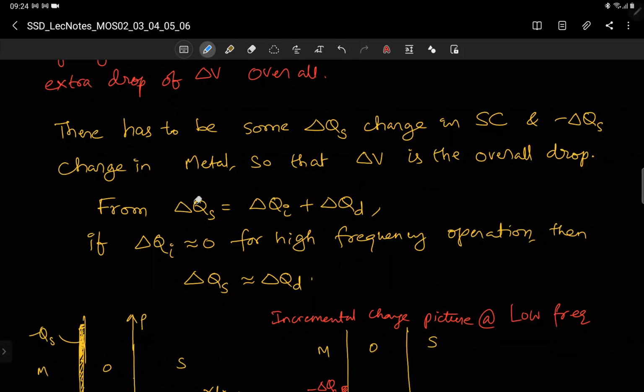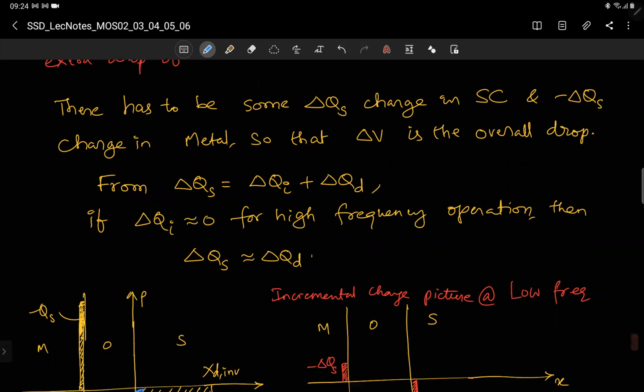If you see delta Qs as the semiconductor charge, it is the sum of inversion charge plus depletion charge. If the inversion charge change is 0 because you have changed things very rapidly and electrons cannot be supplied, then delta Qs, the semiconductor charge, has to come from depletion charge.